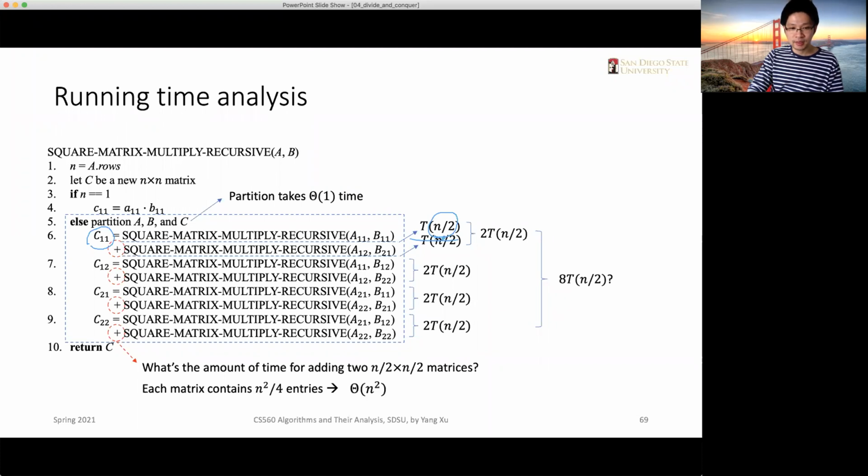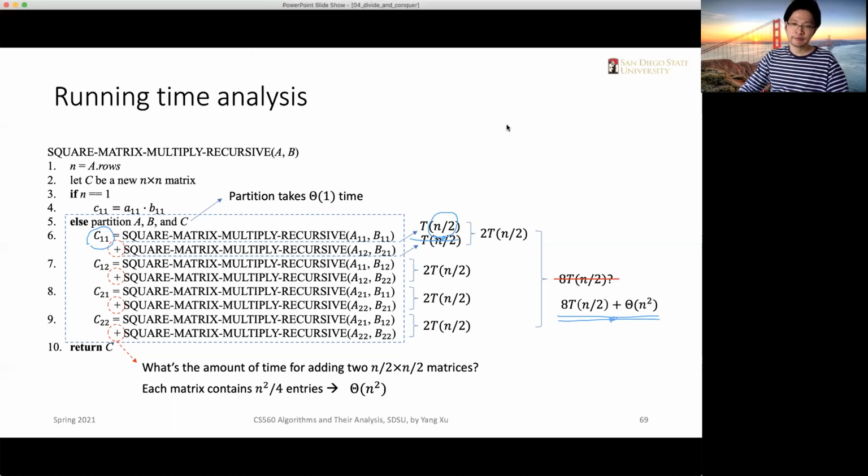So that has the cost of big theta of n squared, because we need to use for loops to go through all the matrices. All right, so that gives us a solution to solving all the subproblems.